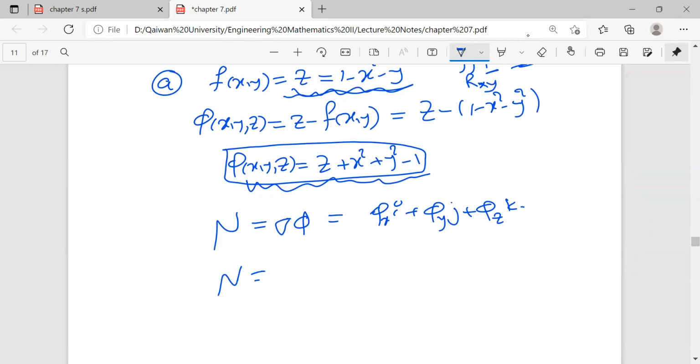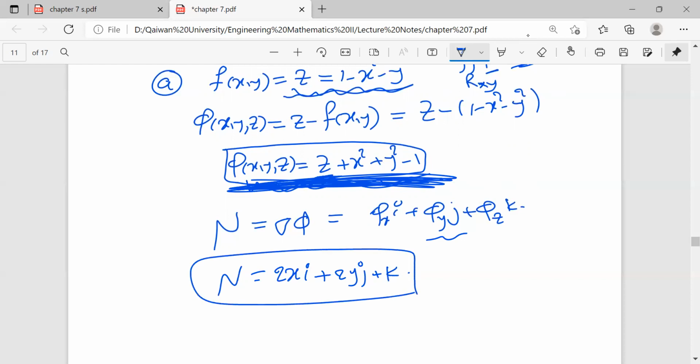Here, n equals, what's phi sub x? The partial derivative of this function with respect to x is 2x, so 2x i plus 2y j, where 2y is the partial derivative of phi with respect to y. Then phi sub z is 1. It's only z, so it's k. This is the normal vector.